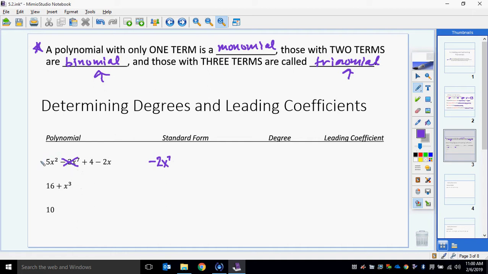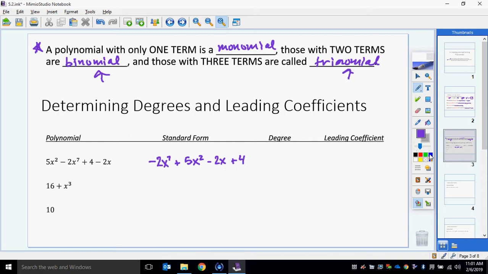Next highest power would be 5x squared, and there's a positive sign in front of it. So I want to write plus 5x squared. And then I have a 4 and a negative 2x left, so the first power comes before x to the 0 power. So I'm going to write minus 2x and then 4. So that's in standard form.